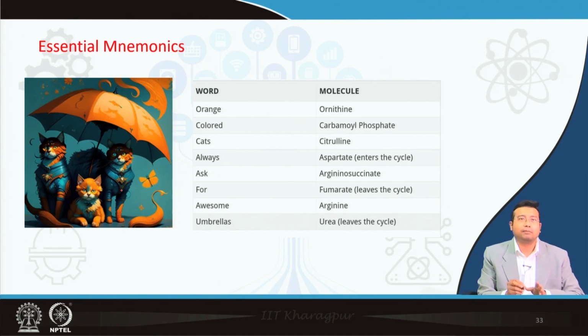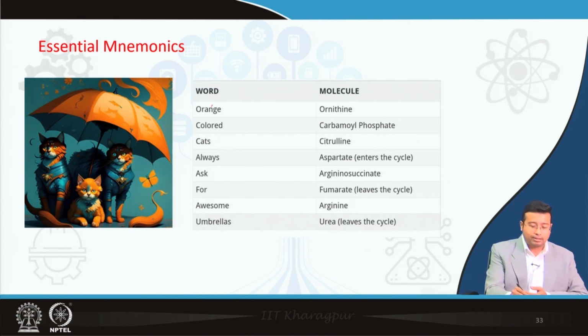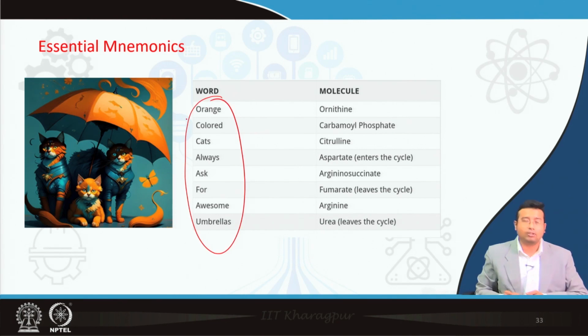So we have something, especially for medical students, known as mnemonics. Basically, we use simple phrases which we can correlate to the names. In this case, a very nice mnemonic is: orange colored cats always ask for awesome umbrellas. You can remember this, orange colored cats always ask for awesome umbrellas.